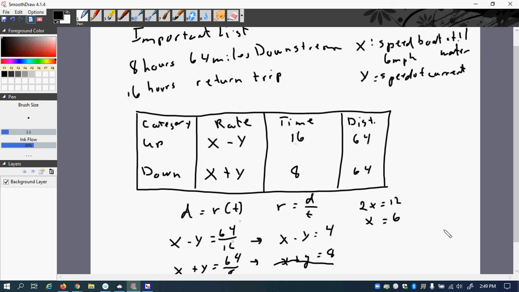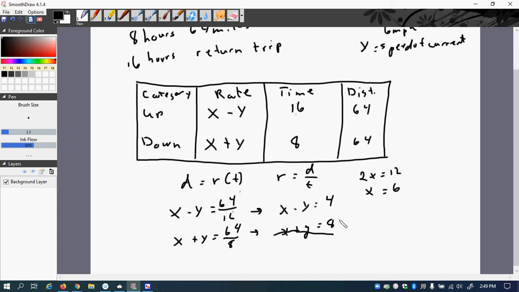Now let's find what it is for y. I go back to one of these original equations and put 6 back in for x. So 6 minus y equals 4, so y is going to be 2.